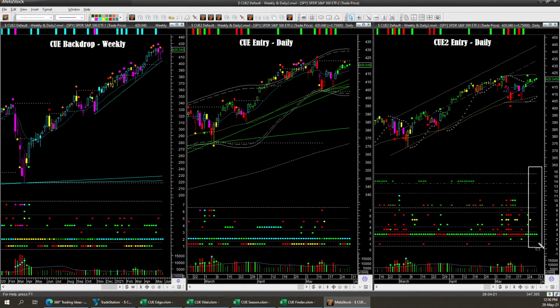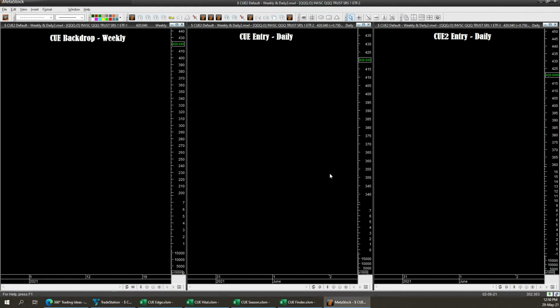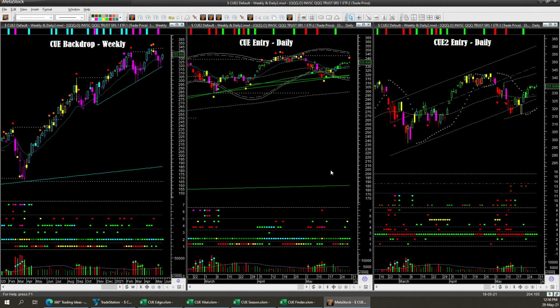The new template is not providing any signal at the right edge. QQQ. This is more bullish than SPY because the backdrop color is cyan.